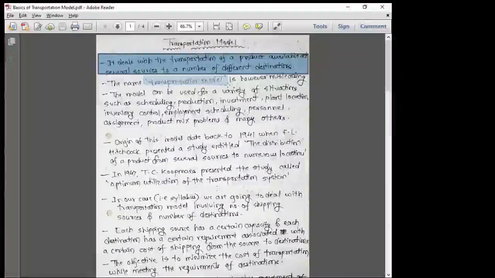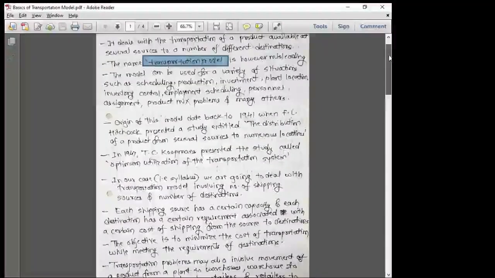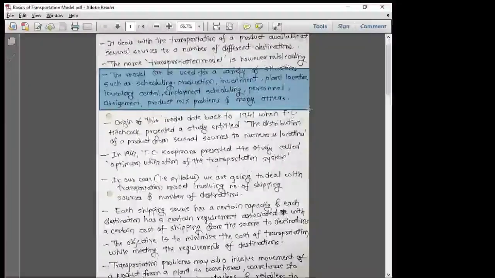It has a number of applications, hence we cannot say that it is only used for the transportation problem. However, in our syllabus we are only going to restrict ourselves to the transportation numericals, but it has various applications. The model can be used for a variety of situations such as scheduling, production, investment, plant location, inventory control, employment scheduling, personnel assignment, product mix problems, and many others.